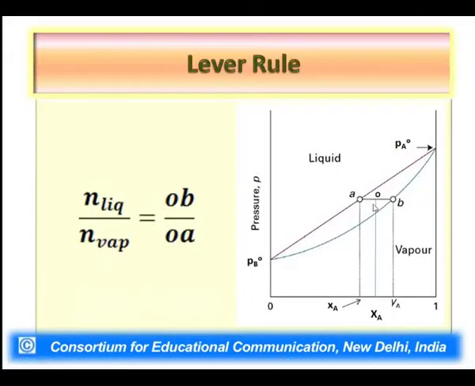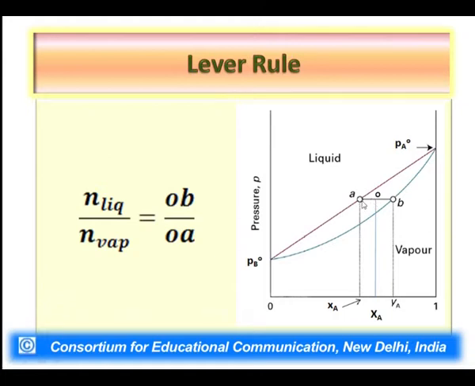You can see from the phase diagram itself that if the point O is constantly moved from its position in the graph towards the left, towards point A, then the length of line segment OA decreases and the length of line segment OB increases.